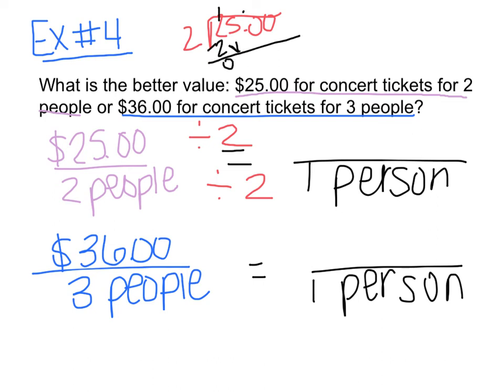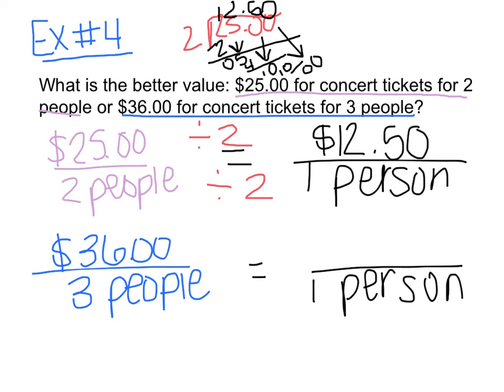Bring down the 5. 2 goes into 5 2 times. Bring down the 0. 2 goes into 10 5 times, which goes in evenly. And 2 can't go into 0, so we put a 0. So it's $12.50 for 1 person's ticket.